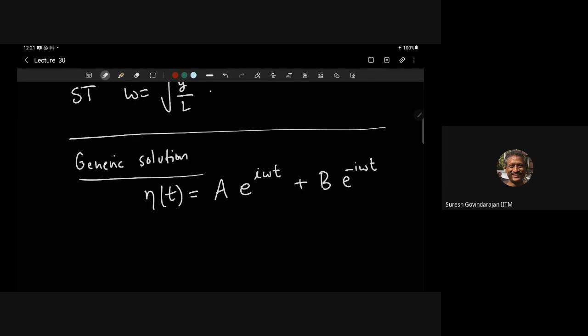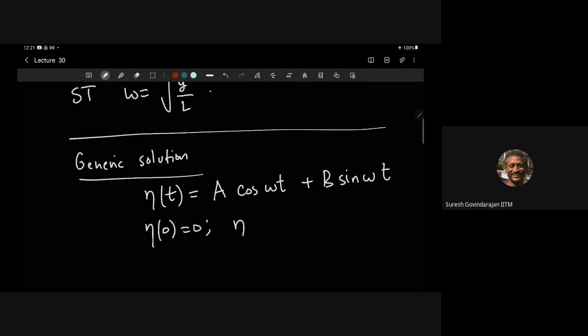Actually, let's write a different form. Right, this is what it is. And if you are told that eta at 0 is not 0 but some constant eta naught, and eta dot at 0 is 0, we can fix a and b.